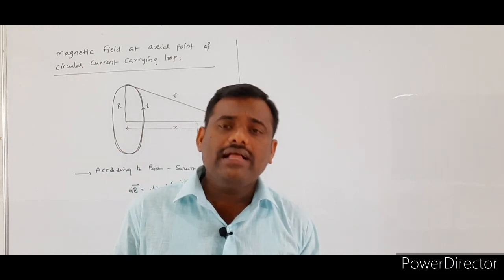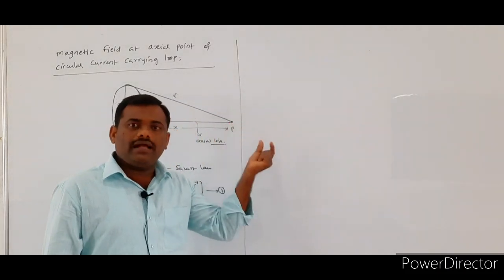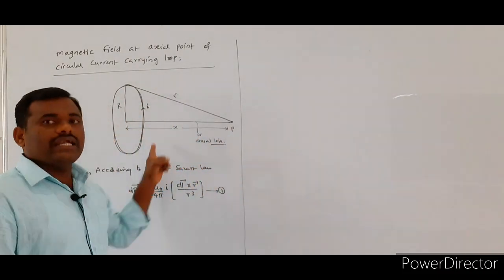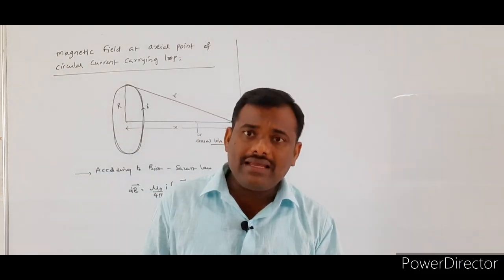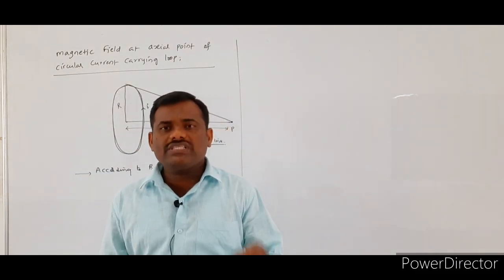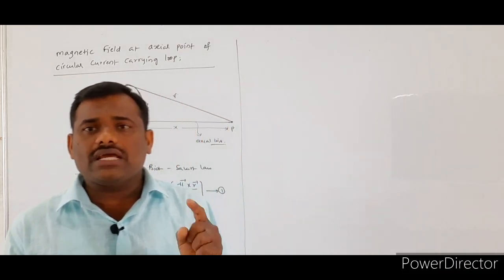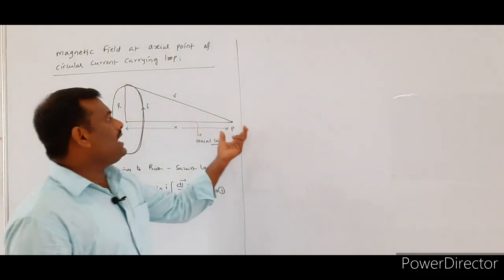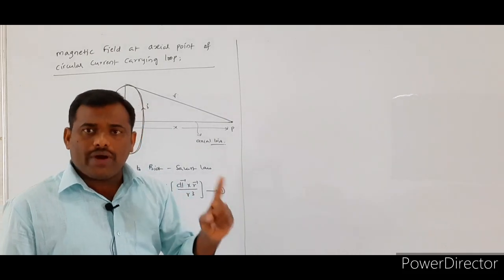That is nothing but we have to consider a point P on the axial line of the circular current carrying coil. So what we have to consider? I consider a point P which is located over the axial line of the circular current carrying loop. My aim is to calculate the magnetic field intensity at the point P.